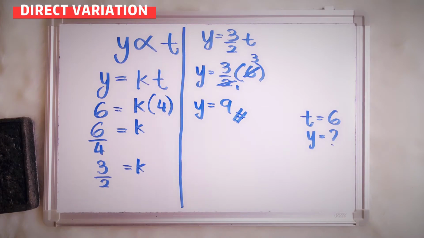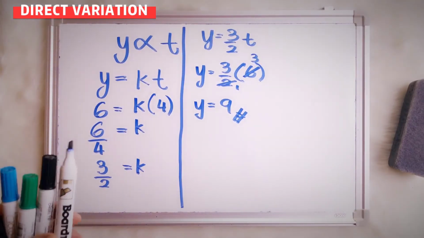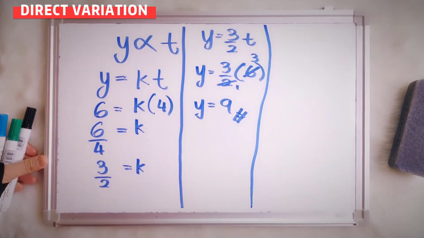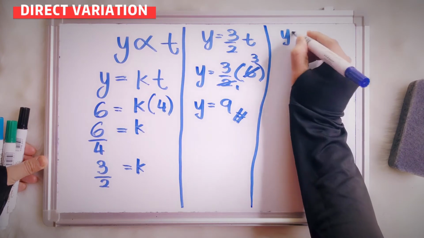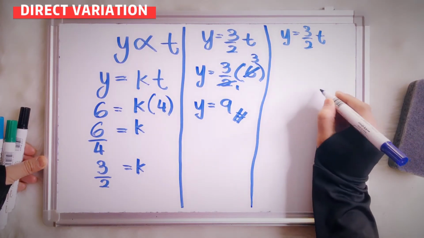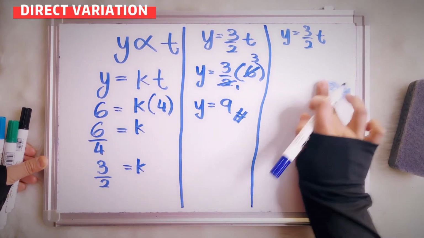Okay, one more. If the question give you, okay, all right, same equation, yeah. So y equals 3 over 2 t. So okay, you have to find what is the value for t. Okay, I put here.